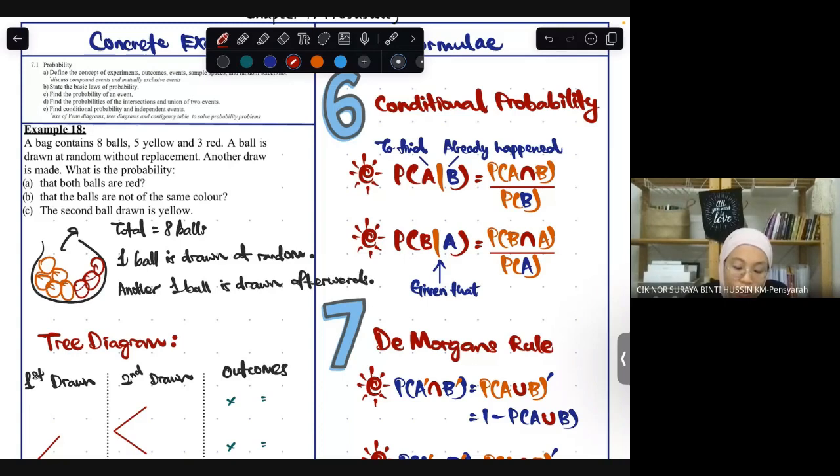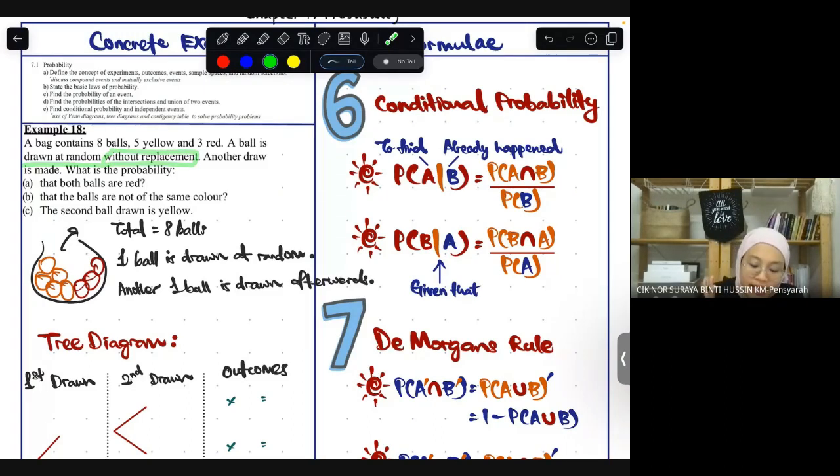So how do I know soalan ni berbentuk tree diagram? Senang untuk dibuat pakai tree diagram sebab if you look at the question, a bag contains 8 bola, di mana 5 bola itu adalah kuning dan 3 bola adalah merah. A ball is drawn at random without replacement.